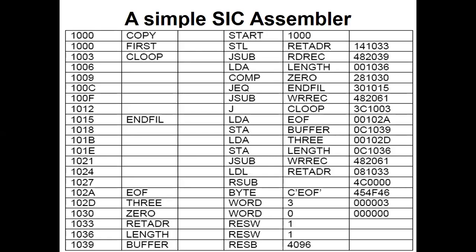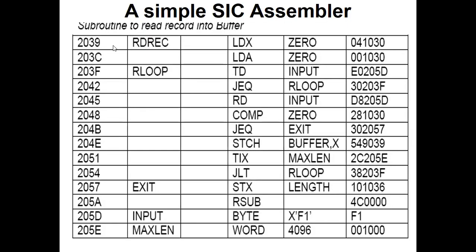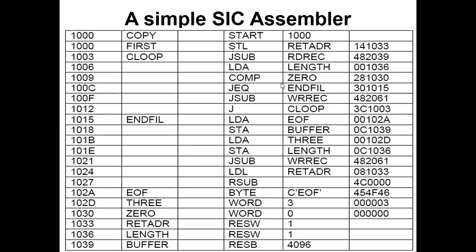And from the beginning address, you will go on finding out the address of each label, because there are these labels which will always be referred to as the operands. Like when they say LDA length, we have to find the address of length. When they say jump to subroutine RDREC, we have to know the address of where RDREC is. Is that right? So that is what we mean when we say that the assembler will usually make 2 passes.